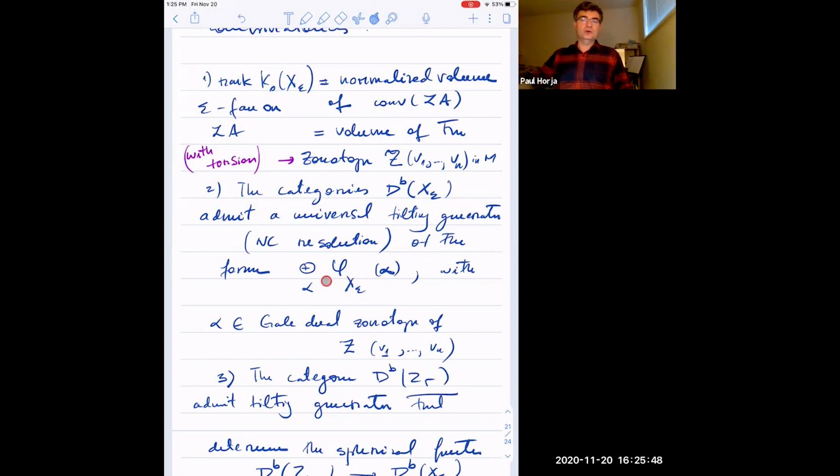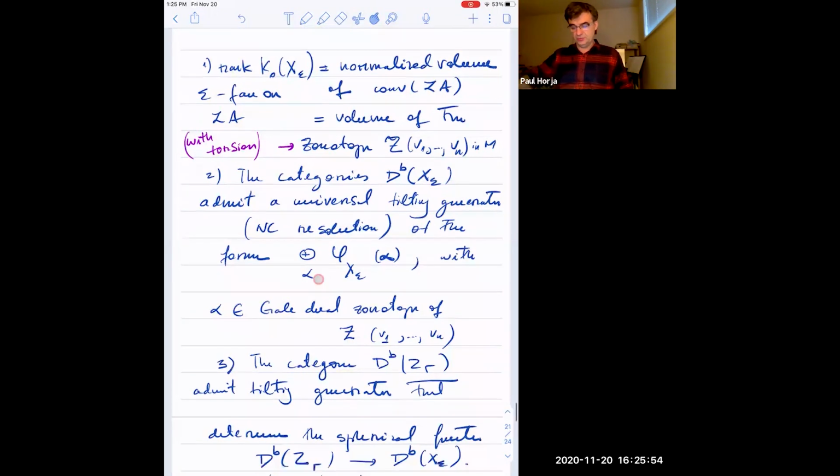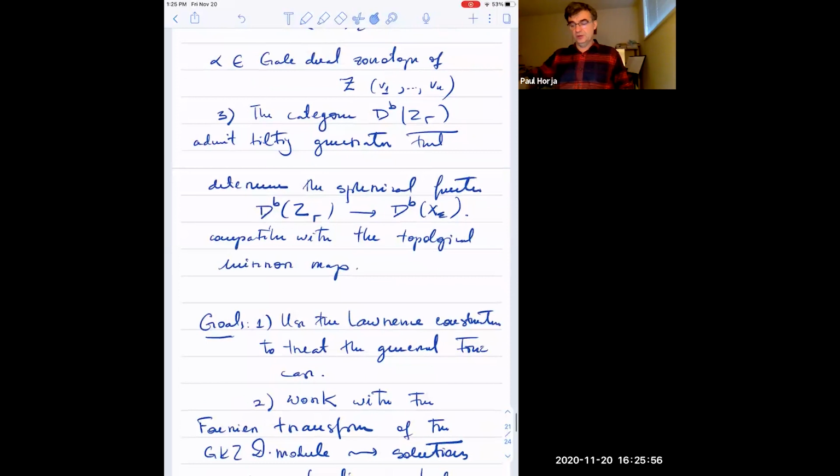So you don't go overboard and you don't undercount, so to speak. And again, it has something to do with the Gale dual. And now the categories D^b of Z gamma that show up in the definitions of these spherical functors also admit tilting generators.